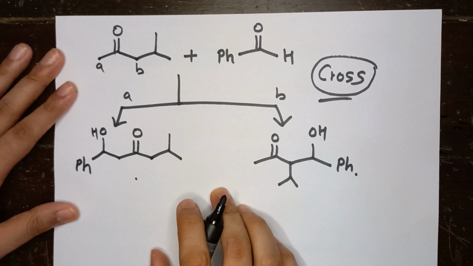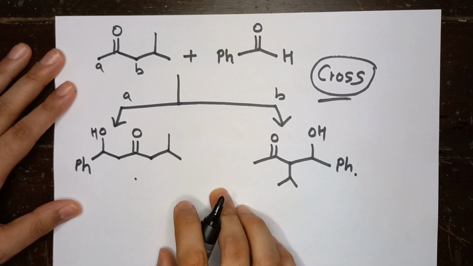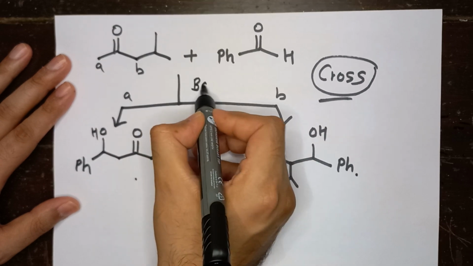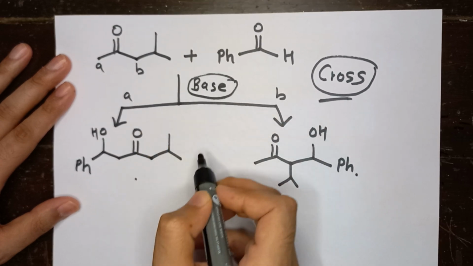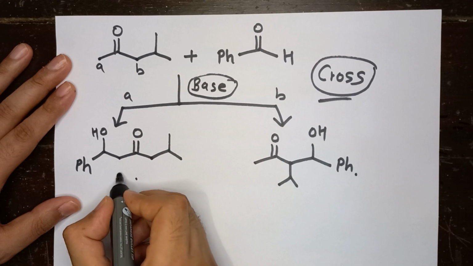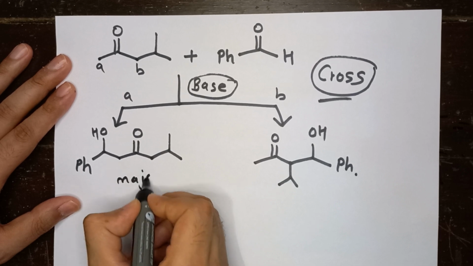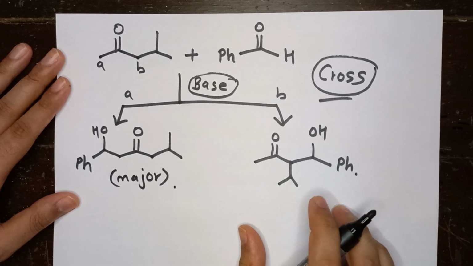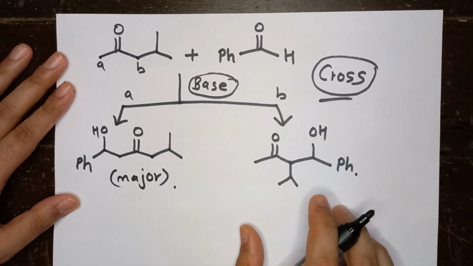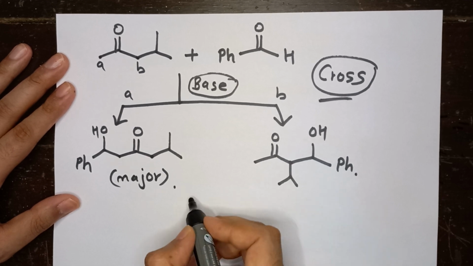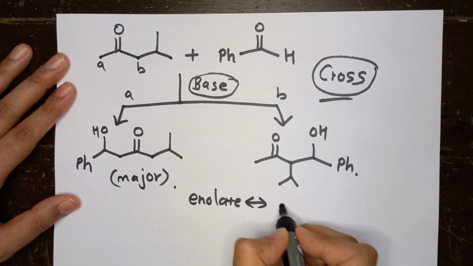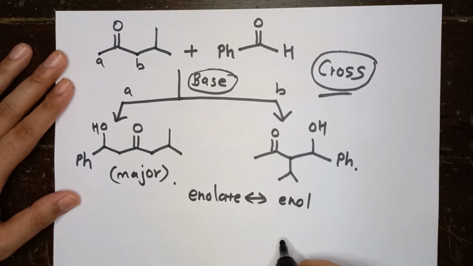So my question to you is, which base should I use? Which base should I use to get this one as a major product? So I want you to know that we have seen the mechanism and we know that the reaction goes via enolate chemistry or the enol, right?